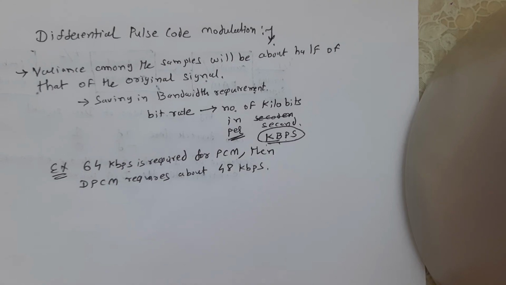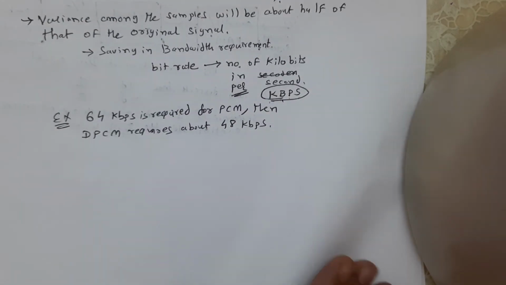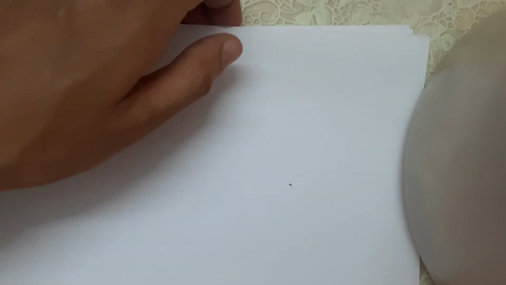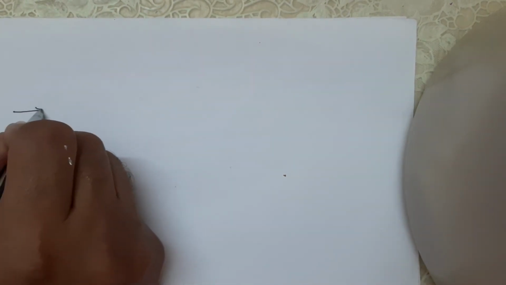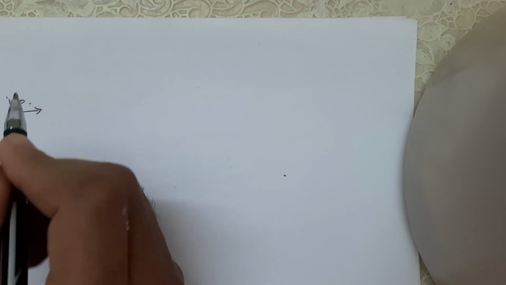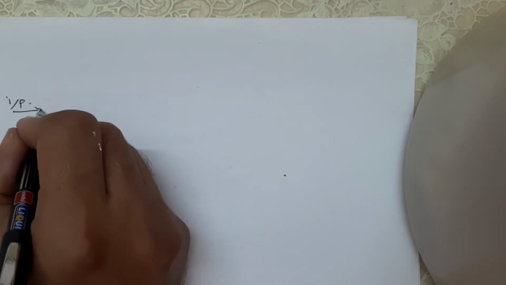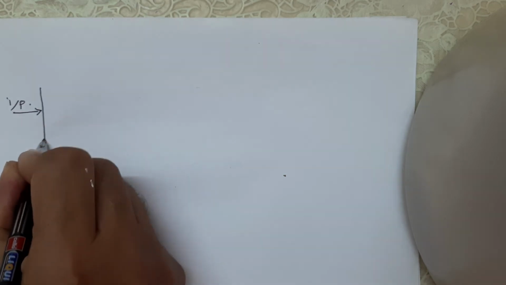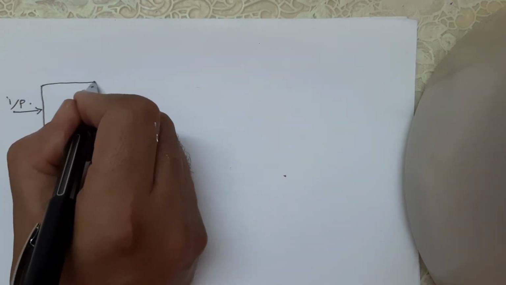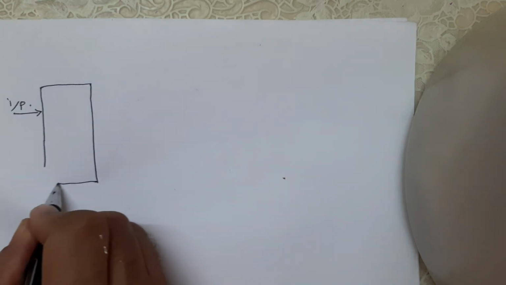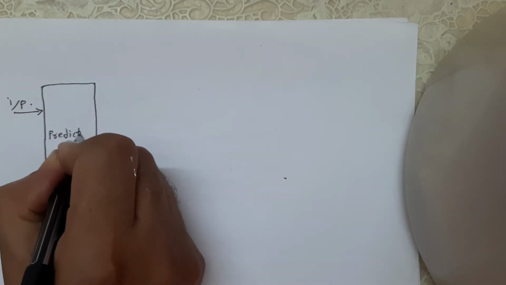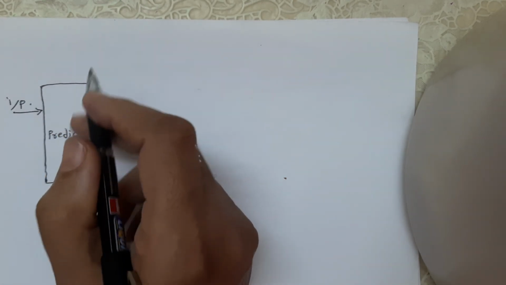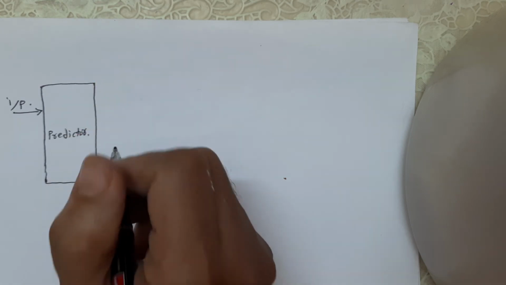Now we are discussing the block diagram. This is the block diagram for the generation of DPCM. First of all, the input signal is given to the predictor. Then it is divided into two parts, unpredictable part and predictable part.